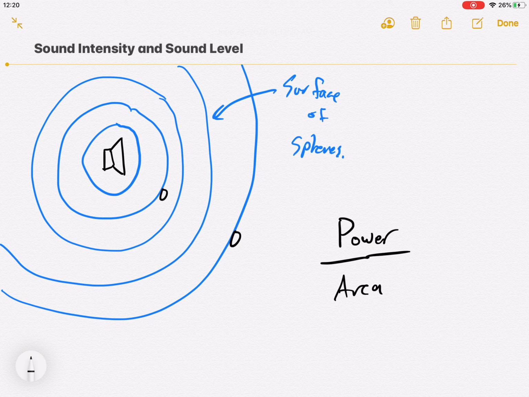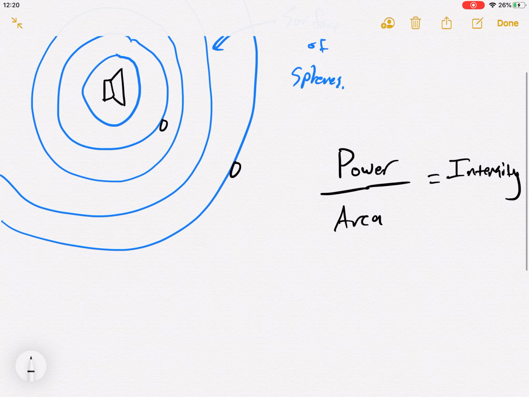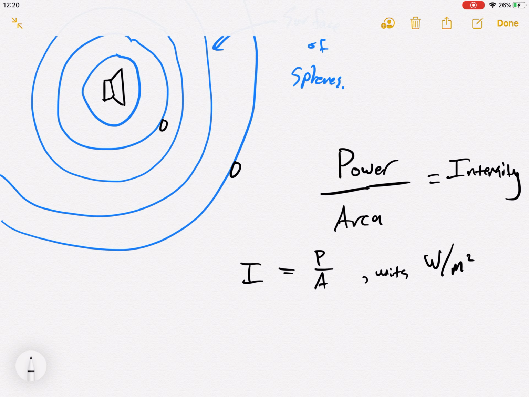Power per unit area is something that we label intensity. Or given in variables, I equals P over A. Intensity here has units of watts per square meter.